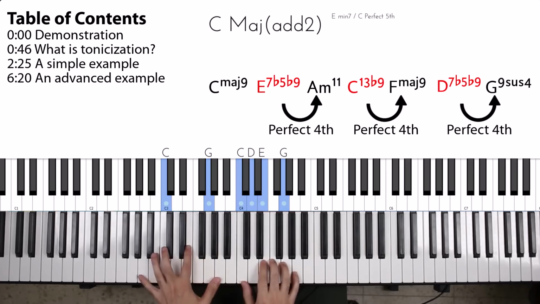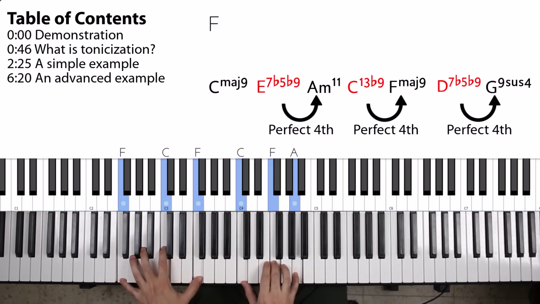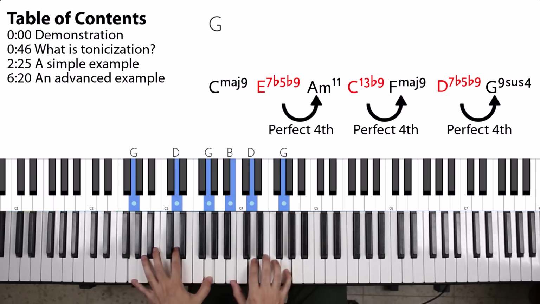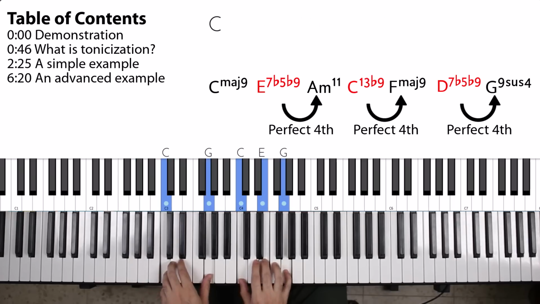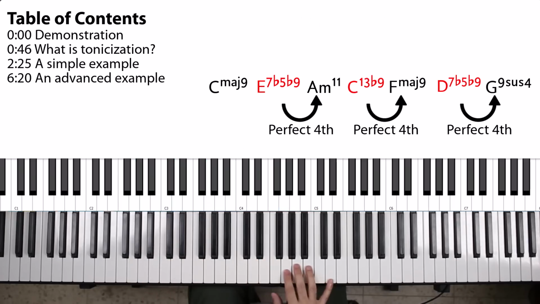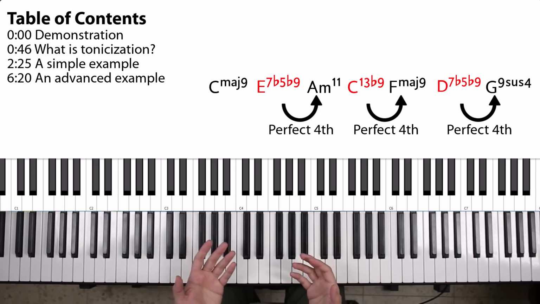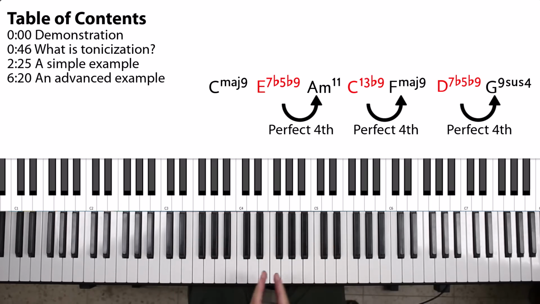C, A minor, F major, G major, and C. And I'm going to add pretty much the same secondary dominants as I did for the previous simple, quote-unquote, example. The only difference now will be that I'll be using more sophisticated chords with tensions and so on. But the idea of secondary dominance and of tonicization remains the same.